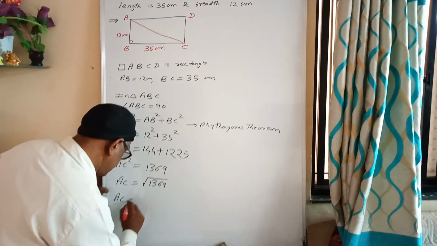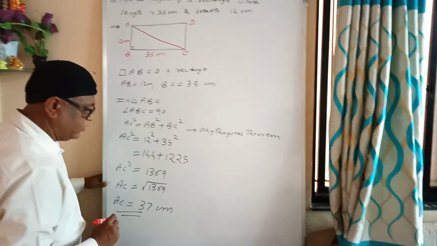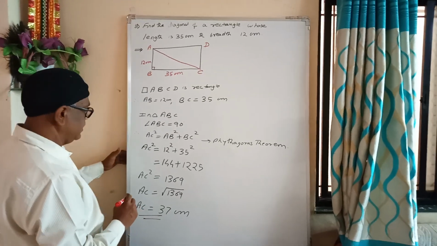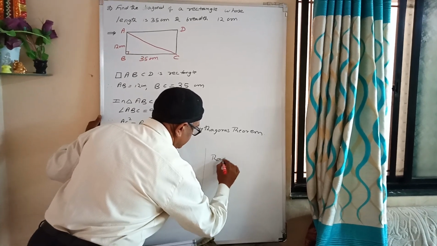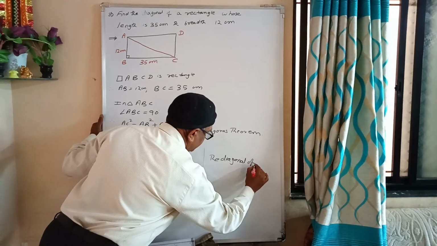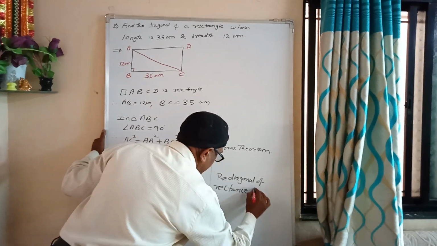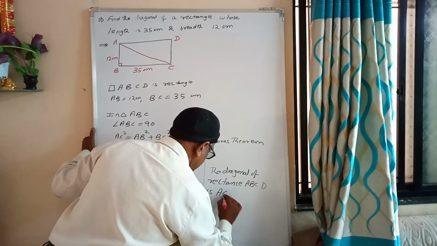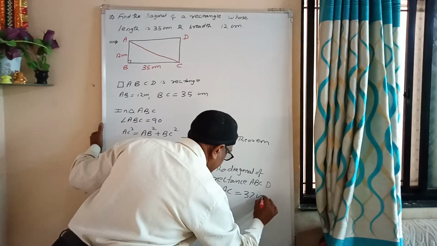Therefore AC is equal to 37 centimeter. This is the length of the diagonal. The diagonal of rectangle ABCD is AC, which is equal to 37 centimeter.